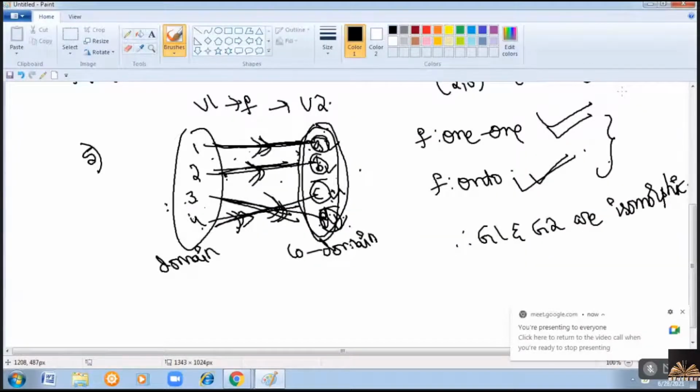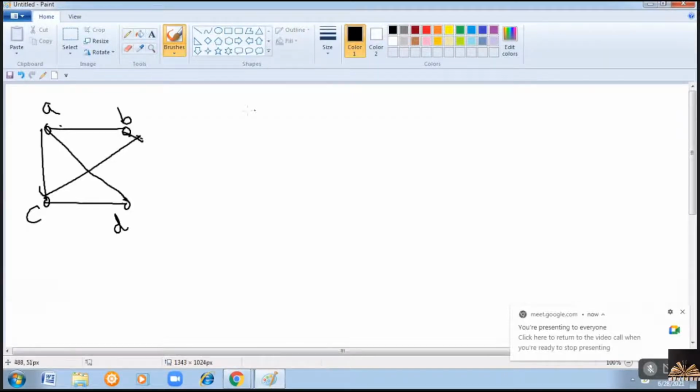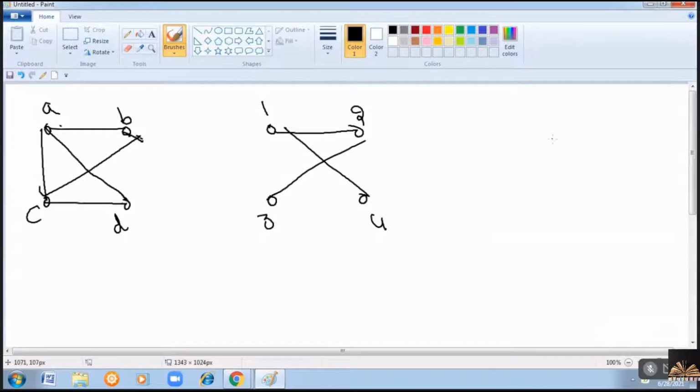Now you tell me for the next one whether it is isomorphic or not. This is the first graph. This is the second graph.